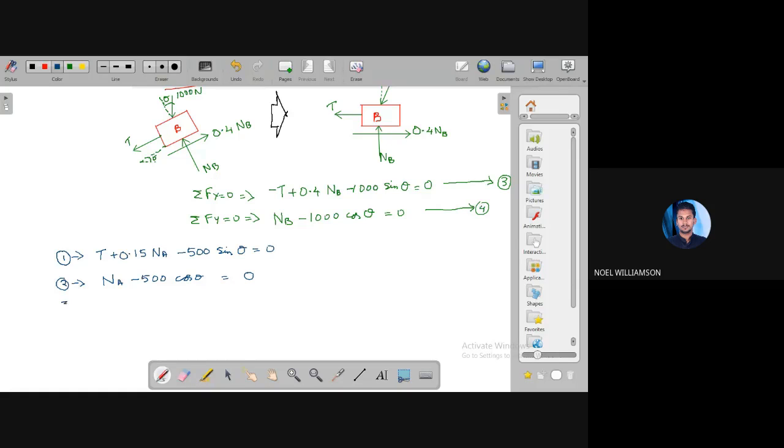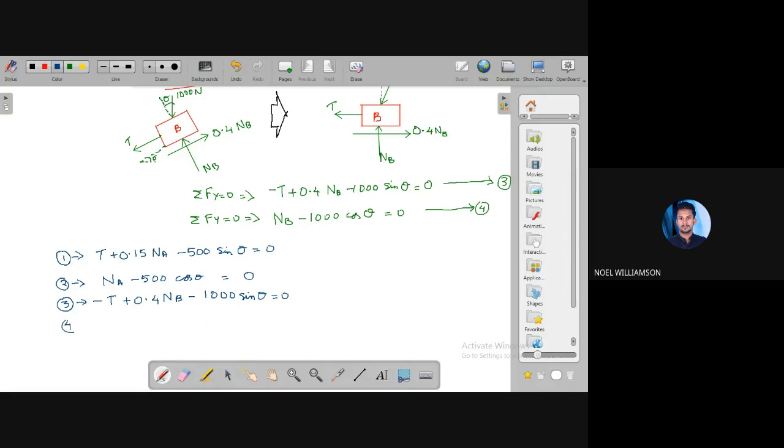And equation number 3 was minus T plus 0.4 NB minus 1000 sine theta equal to 0.